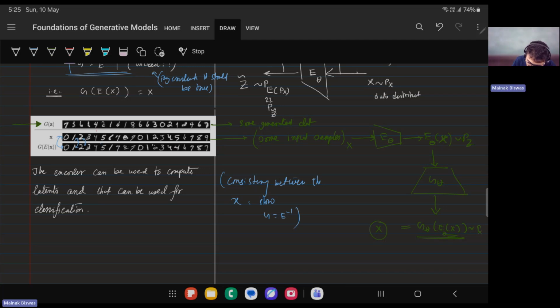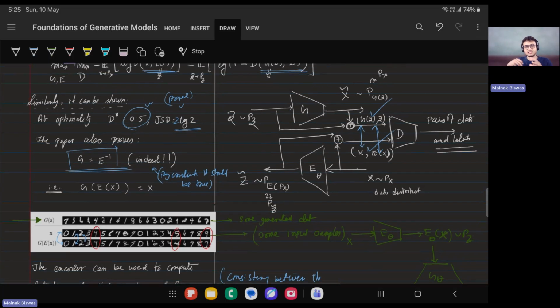Most of these are correct with a few exceptions, like one exception here and one exception there, but mostly they're all correct. By this structure of the discriminator, this encoder and this generator are able to talk amongst one another and generate inverses of each other.